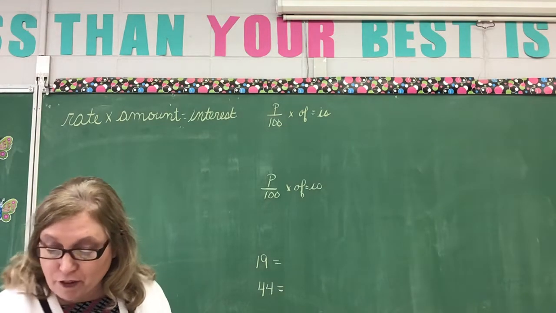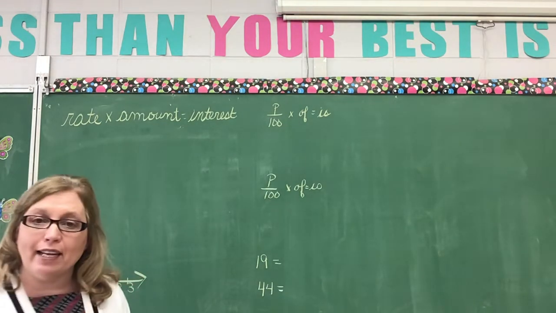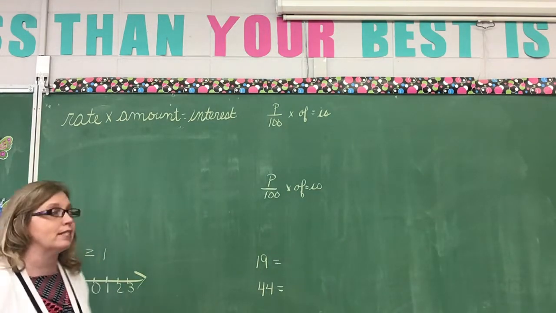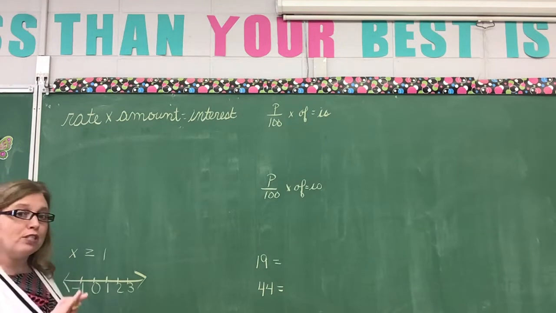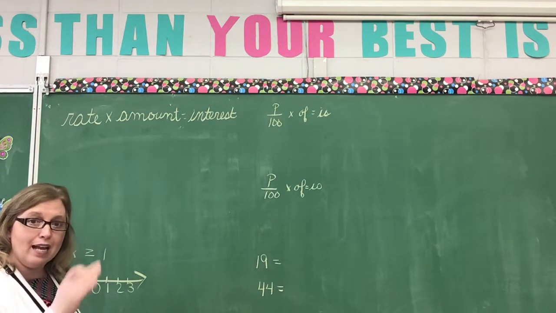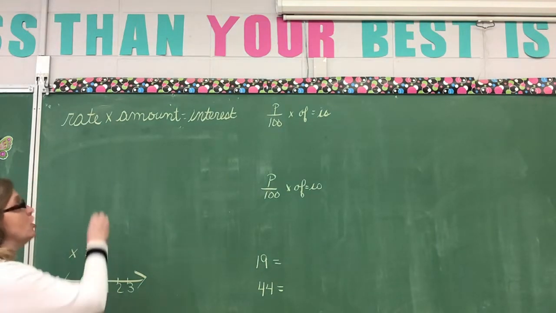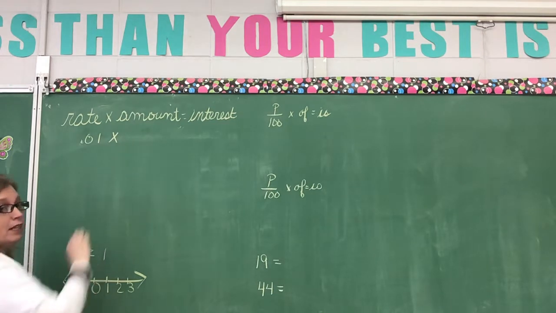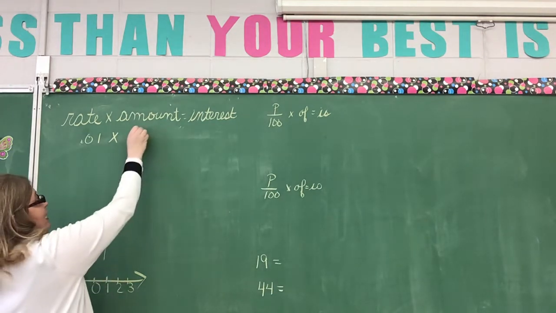So he took his $15,000 and he took it down to the bank. The bank says we're going to pay you 10% interest, okay? So we know that 10% changes to what decimal? You have to drop your percent sign and move your decimal point 2 places. So it is 0.1 times the amount, which was 15,000.